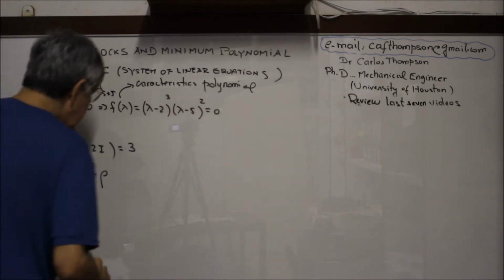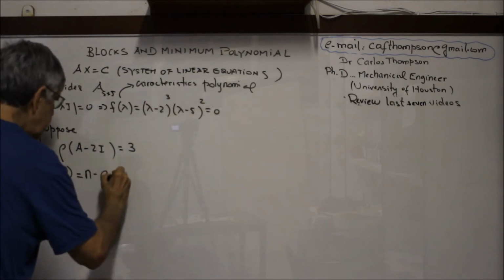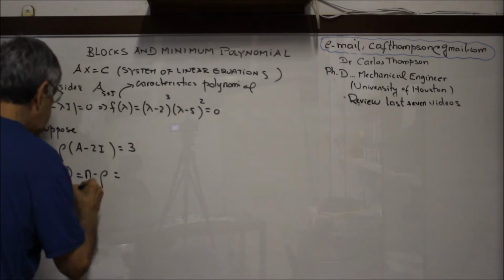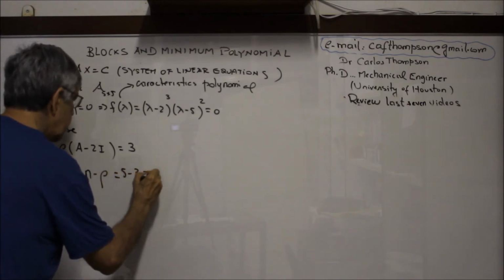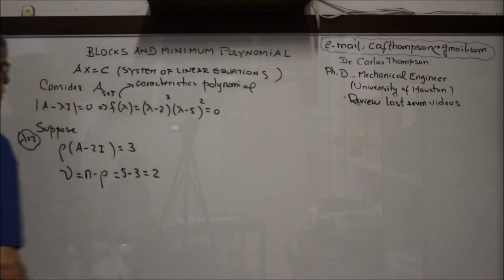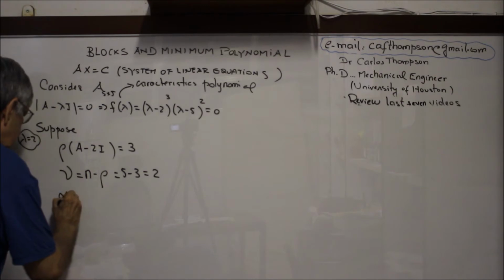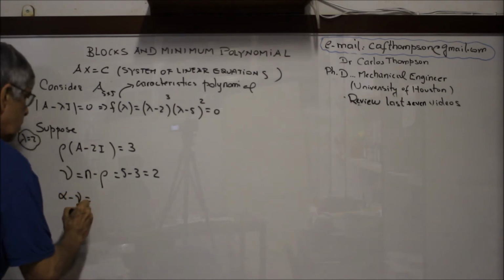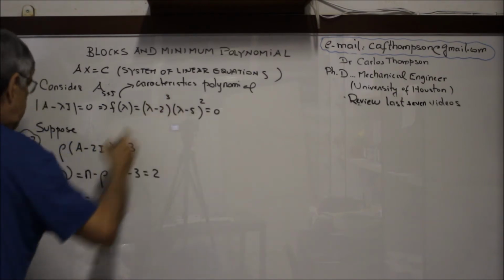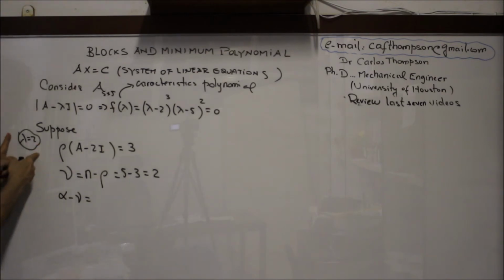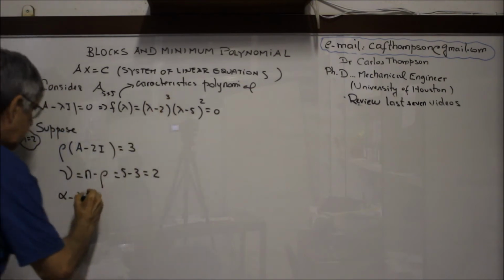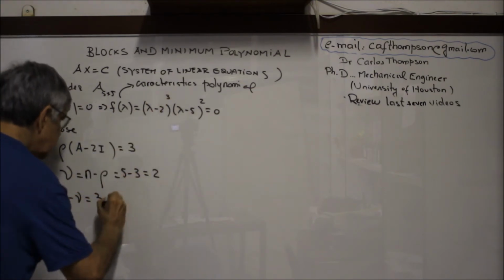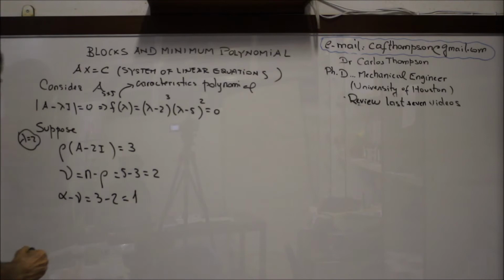So nu is 5 minus 3, which is equal to 2. Now, alpha minus nu: for lambda equal to 2, the multiplicity alpha is 3, so 3 minus 2 is equal to 1.